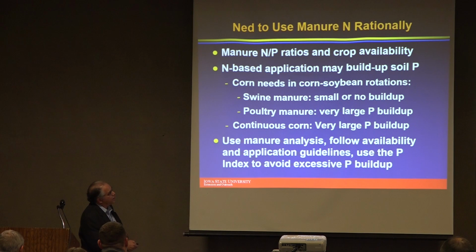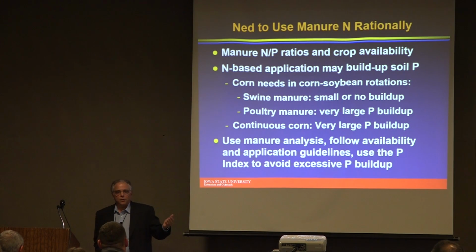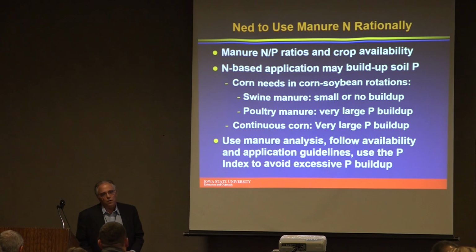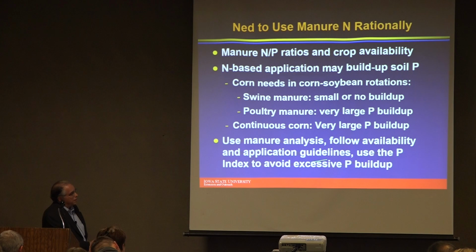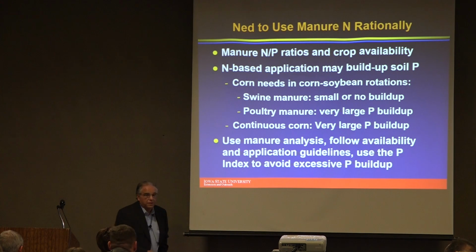But in poultry manure, there is a large buildup, always. And in continuous corn, there is always a large buildup. If we apply any manure to continuous corn, in 5–6 years we just shoot up the soil phosphorus. So, no, it's not perfect, but we should use manure analysis, we should follow availability and application guidelines, and use the P index to avoid excessive buildup.